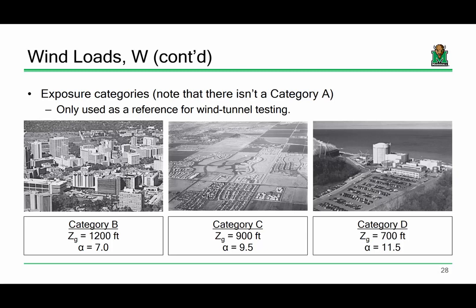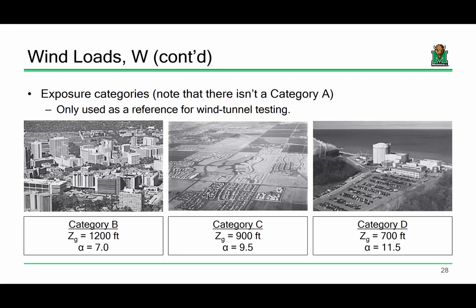But the spec has three exposure categories defined. It just depends on where your building is. Mostly, as a structural engineer, I'd say you're probably going to be dealing with either exposure category B or C. Exposure category B is if you're in an urban scenario, whereas exposure category C is a little more rural. And think, if you're designing for wind, well, it'd be different designing for wind if there's stuff around the building.